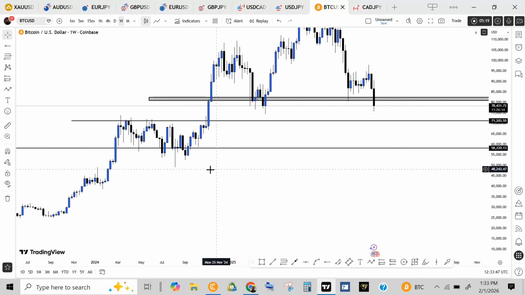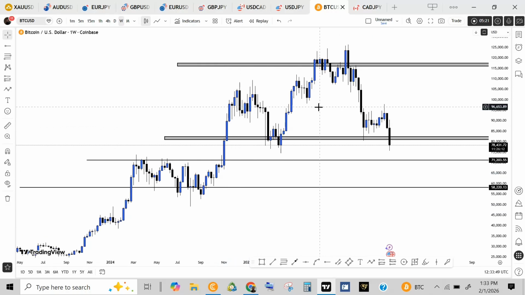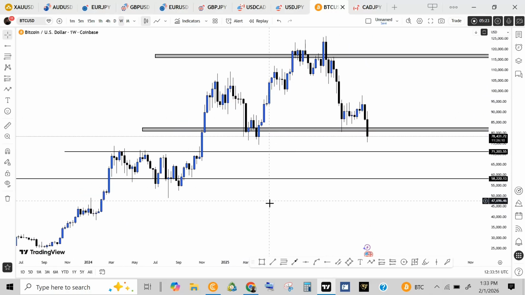I can also see some other levels, microstructures in this market. And all of these structures are still giving us the vibe that this market has started trending downwards. This is it: higher high, higher low, higher high, higher low. As you can see, the market took time and broke this, made a lower low and lower high. This is a lower low.